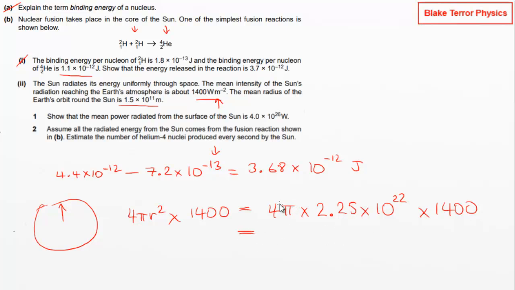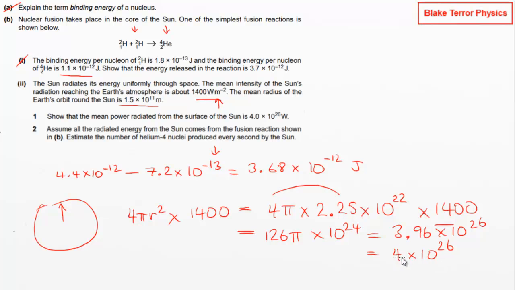That's a 9, so 9 14s is 126 pi times 10 to the 24. A bit less to put into the calculator. That is 3.96 times 10 to the 26, so 4 times 10 to the 26. Well, 4.0 I should really put for our 2 significant figures.